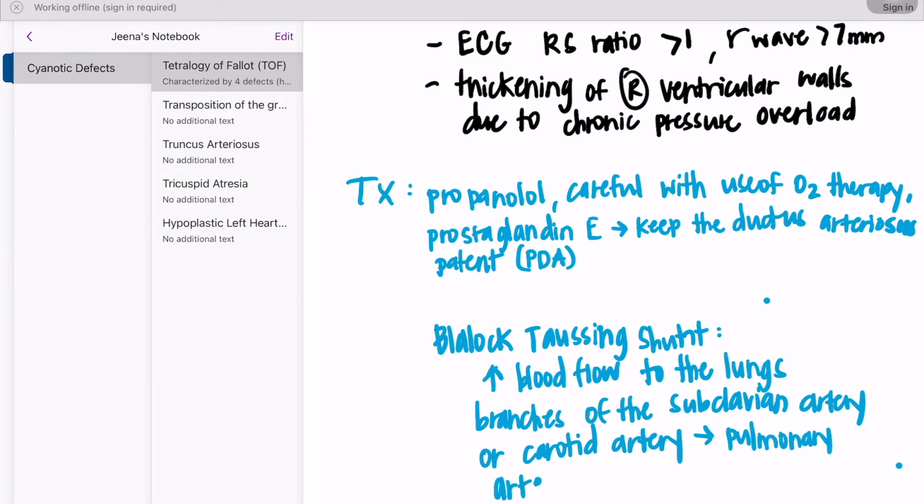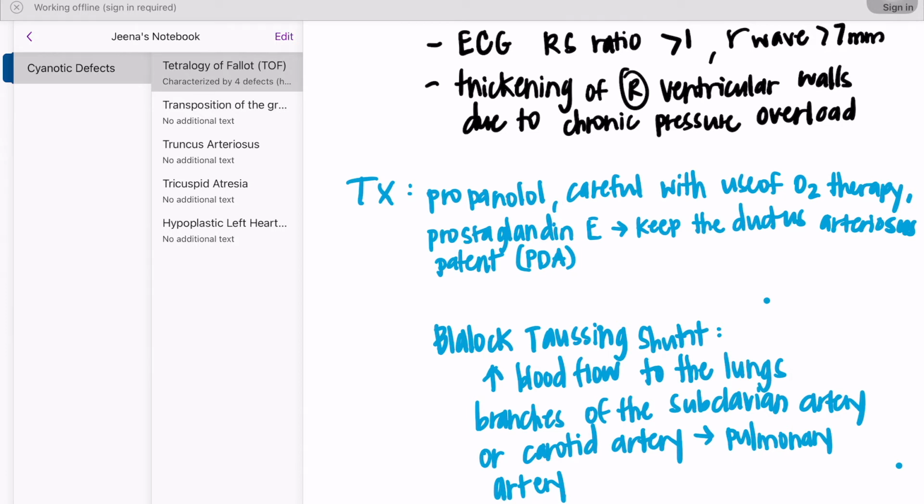So they're creating another shunt. And not like the fetal shunt that I just explained, this is a surgical shunt that they're putting in so that the blood will flow naturally through this shunt to the lungs to oxygenate the whole body better.